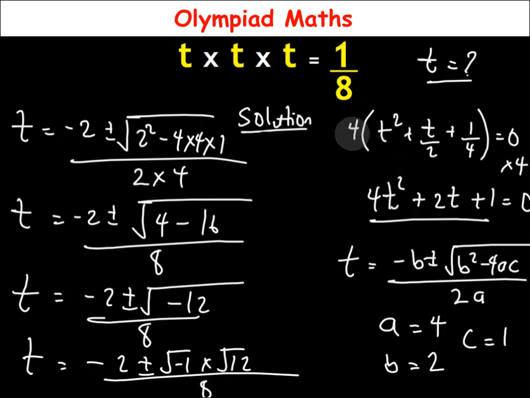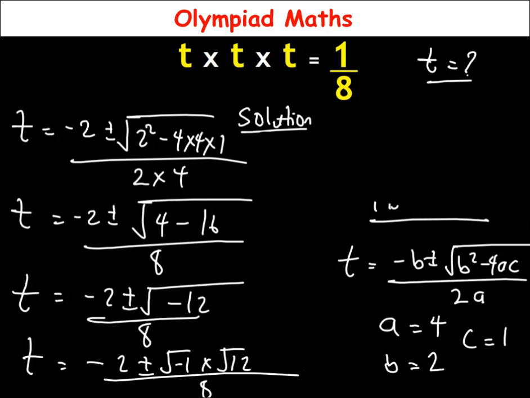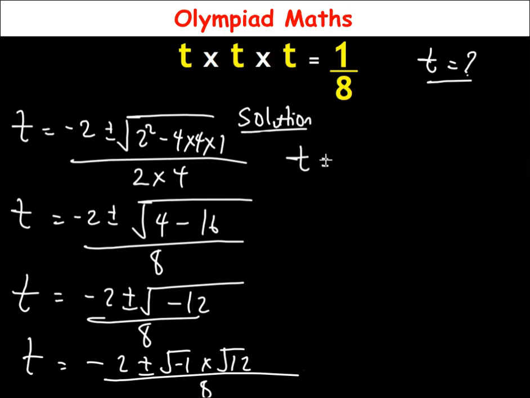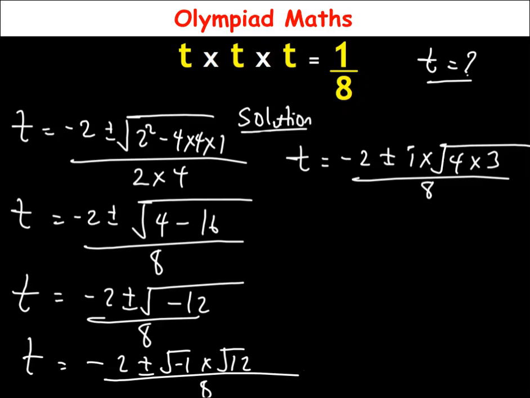So with this, let's clear off such that t is then equal to minus 2 plus or minus root minus 1 is i times root 12 can be written as root 4 times 3 all over 8. So t is then equal to minus 2 plus or minus i times root 4 is 2 times root 3 all over 8.